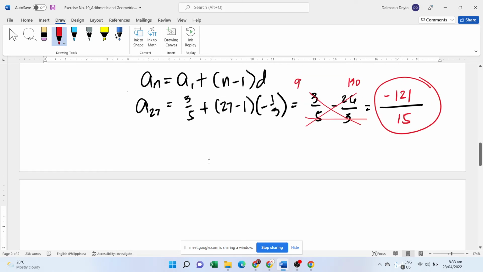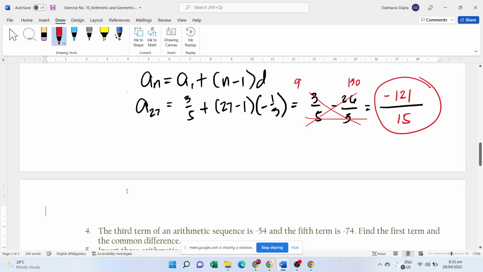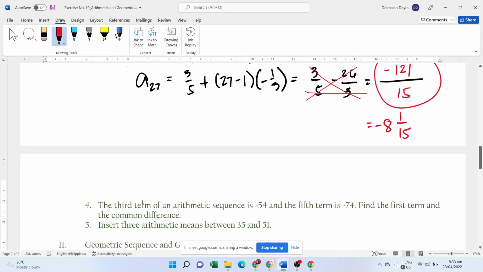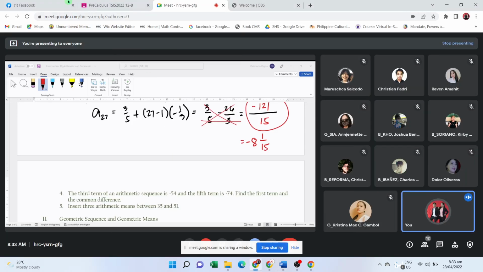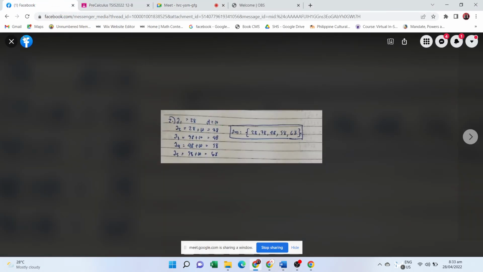I thought you're asking how the process is used for mixed numbers. So if it's given as mixed number, that is allowed, no? Mixed number, this is negative 8 and 1 over 15. Do you have that? Yes po, sir. Negative 8 and 1 over 15. Allowed. I thought you were asking how the process is done using or given mixed number.